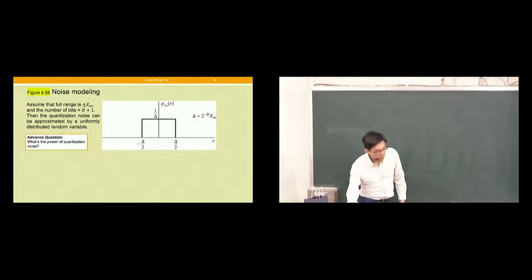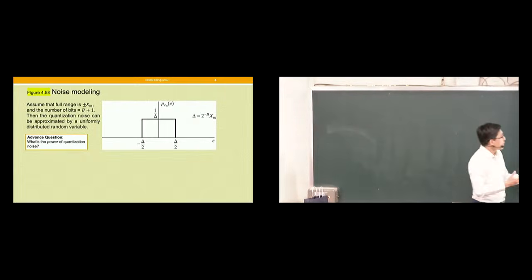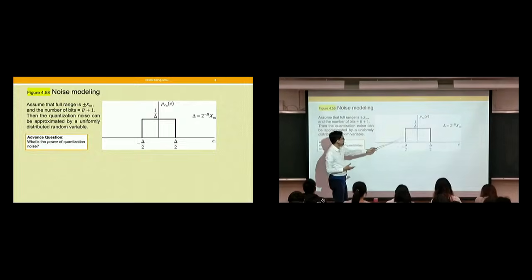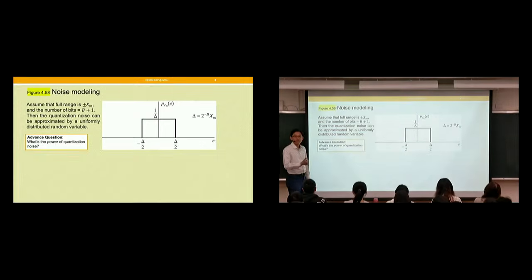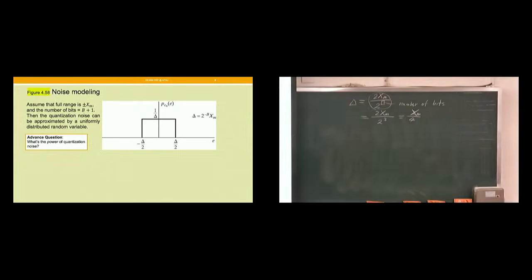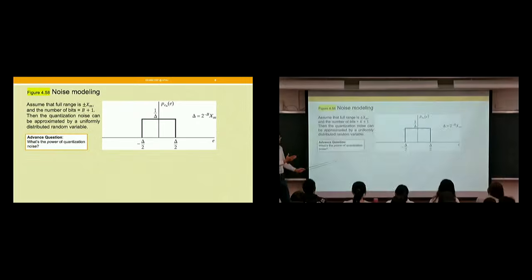So then, voila, we can model noise as a random variable. The good part is that when we say noise, that means we model it as a random variable. So probability comes in this course, in this context. Quantization is simple rounding, right?